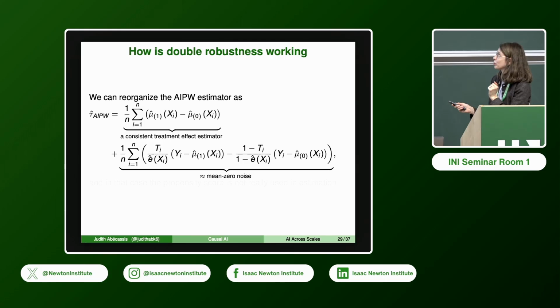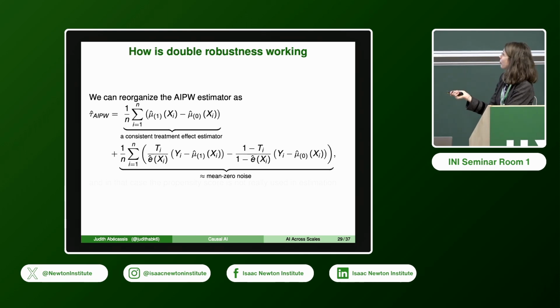So if your regression model is well estimated, this part is well estimated and consistent. And as you have very small differences between your model and your real observed outcome, actually the part that depends on your propensity scores doesn't really account and doesn't really lead to an error.